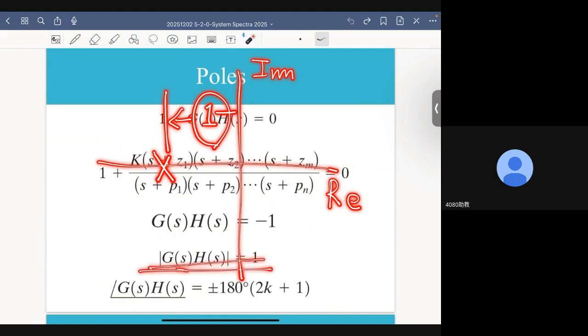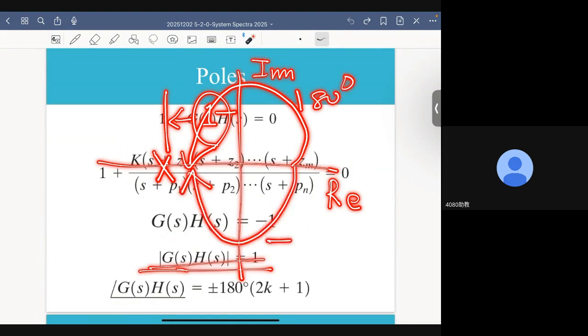Since we are using polar coordinates to represent this pole, we have to know the angle, which is 180 degrees or minus 180 degrees, okay?